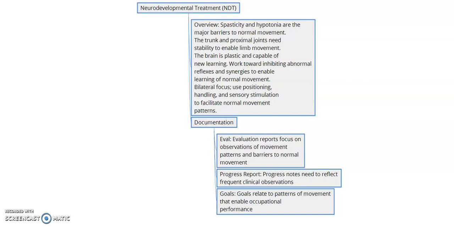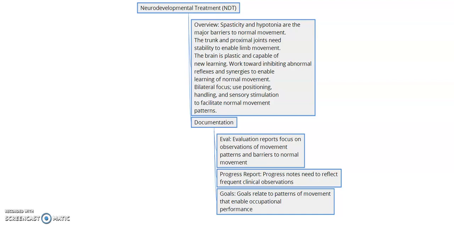So under this frame of reference, work towards inhibiting abnormal reflexes and synergies to enable learning of normal movement. You focus on bilateral movement using positioning, handling, and sensory stimulation to facilitate normal movement patterns.